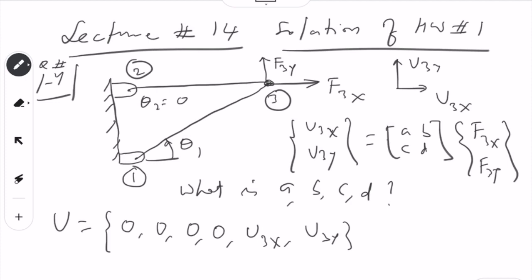It is the transpose of that. Similarly, the force vector F: since displacement is 0 at the supports, the force we don't know.